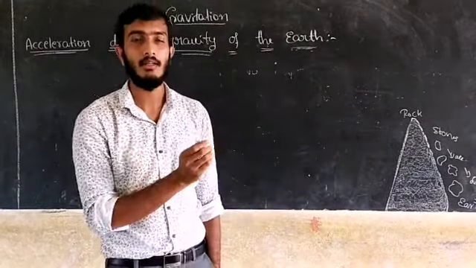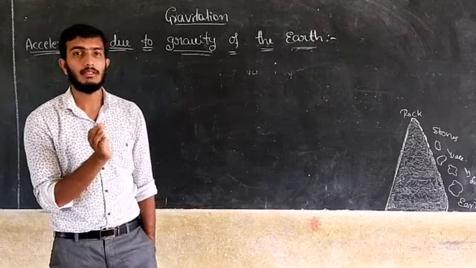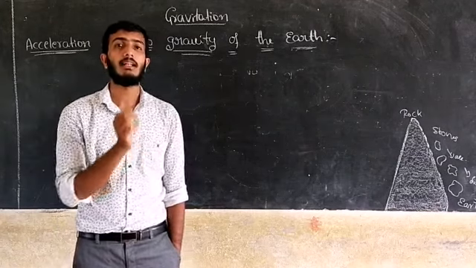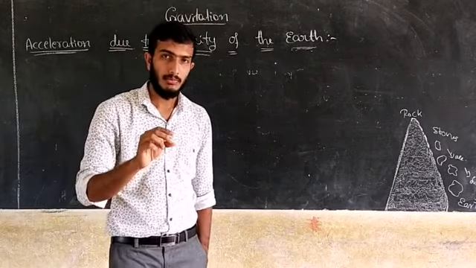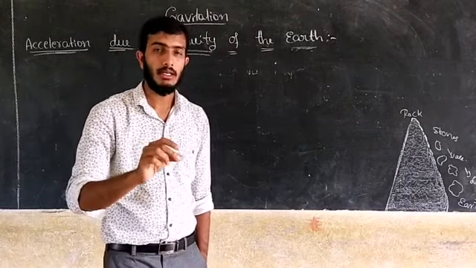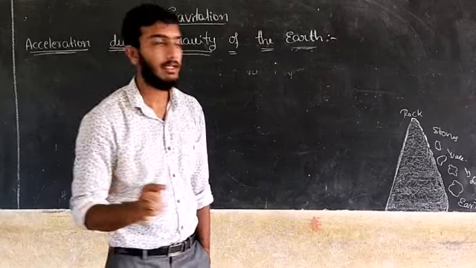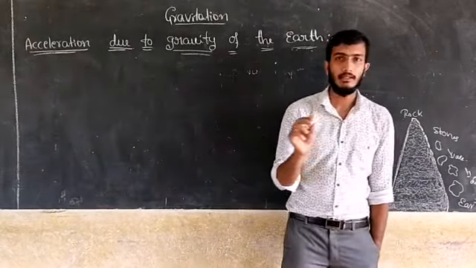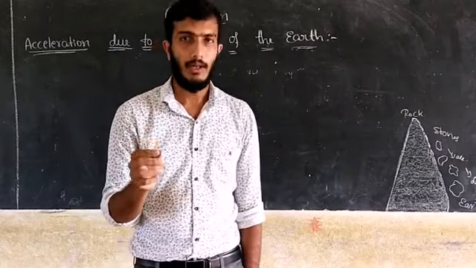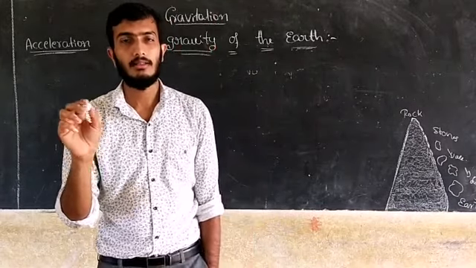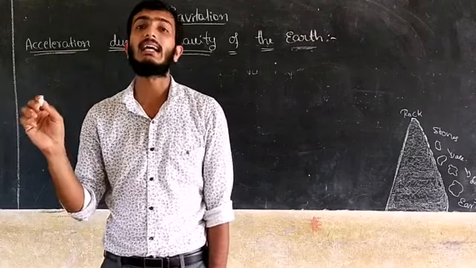You have discussed velocity and acceleration in the lower classes, right? When an object is placed at one point and I apply a force on that object, it moves. That means motion. So here also, if the object has some motion, it attains velocity. Velocity with respect to time is called acceleration.